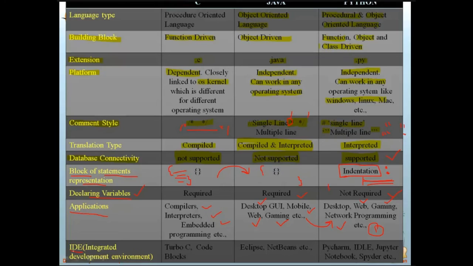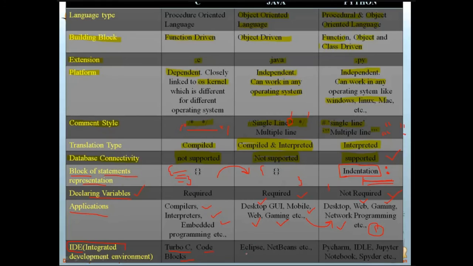Next, the last one is about IDE. So what is meant by an IDE? IDE is nothing but an integrated development environment. So it's like a platform where you work on that particular language. If you have to speak about the C language, it can be operated on Turbo C or Code Blocks.